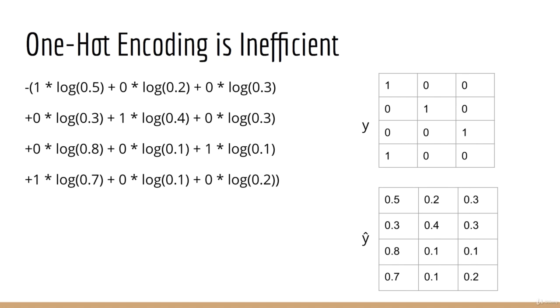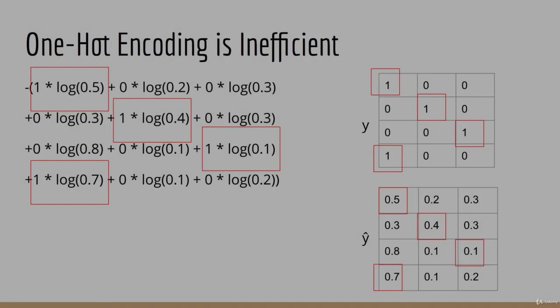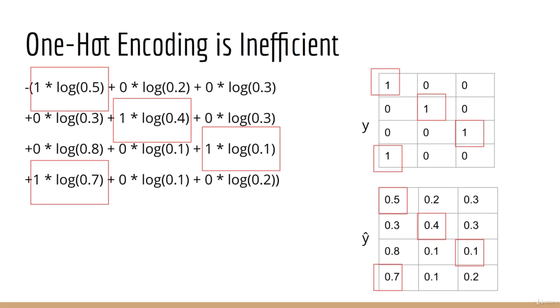We already know that anything multiplied by 0 is 0, so those values don't actually contribute anything to the cost. The only values that do matter are the ones which match the target. Remember, the original target is the vector 1, 2, 3, 1. What I would like to do, ideally, is to only take the log of these highlighted values and then add them all together. The question is, can I do that without one-hot encoding the target first?